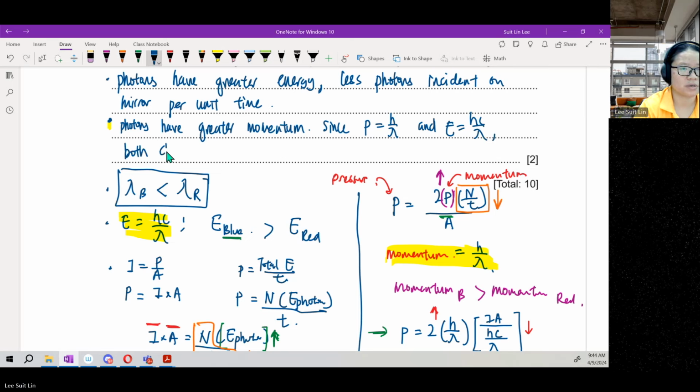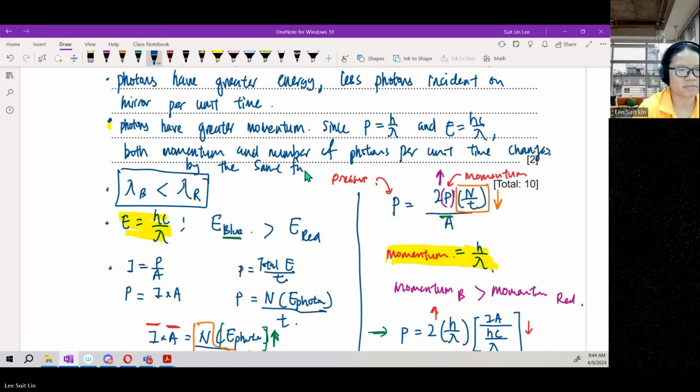Both momentum and number of photons per unit time change by the same factor. So pressure remains the same.